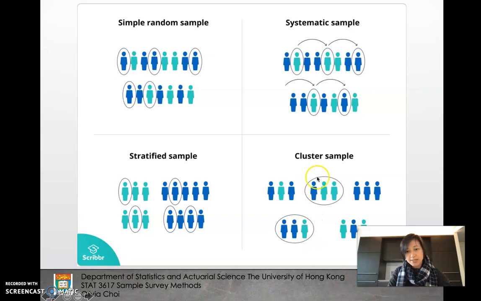Within cluster 2, I randomly choose one candidate, and within cluster 4, I randomly choose one candidate. So that would be a combination of cluster and simple random sampling. Depending on our budget or our time, using multi-stage sampling will sometimes result in a better estimate.